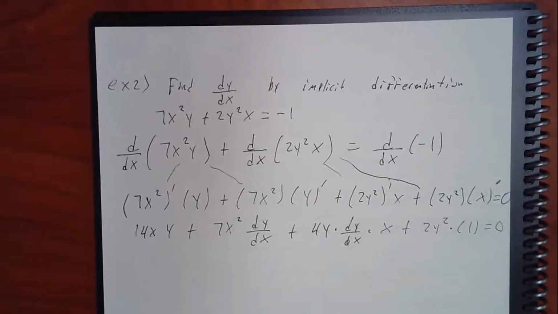So now move everything that doesn't have a dy dx to the right hand side. And then factor dy dx and solve for it.